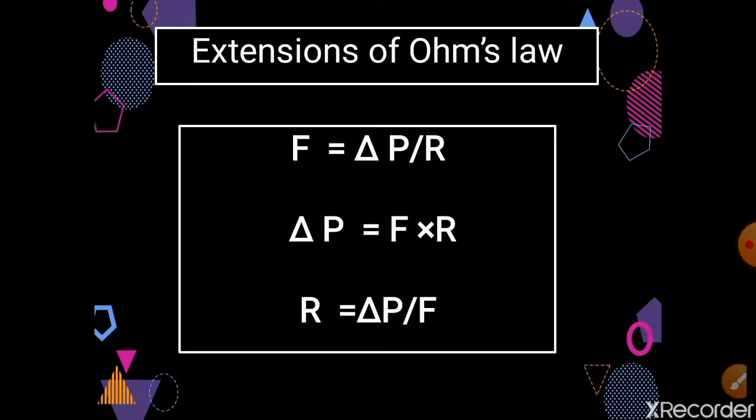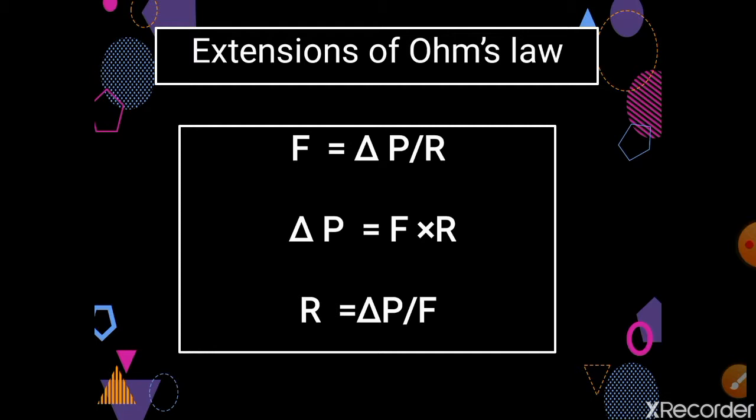While flow is directly proportional to the pressure difference and inversely proportional to the resistance, to calculate pressure difference along a blood vessel, Ohm's law can be rearranged such that delta P is equal to flow of the blood multiplied by resistance faced by the blood during the flow.